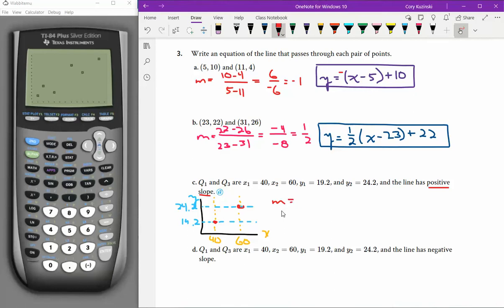So m equals change in y. So it goes from 24.2 to 19.2, over change in x. So 24.2 minus 19.2, I have to do 60 minus 40.